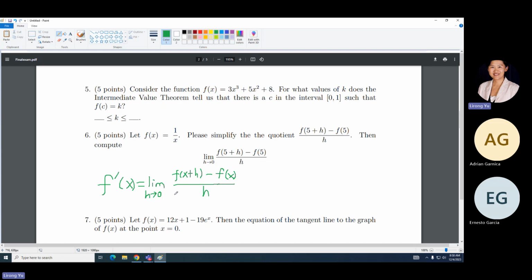If you match that with what we have, it looks like we're calculating at x equals 5. We're trying to find the derivative of this function. The derivative is -1 over x squared, and then you plug in 5 for x, so -1 over 25. That's its limit value.